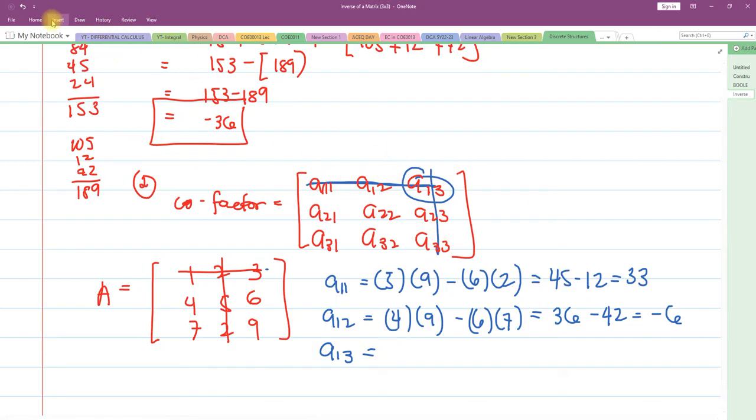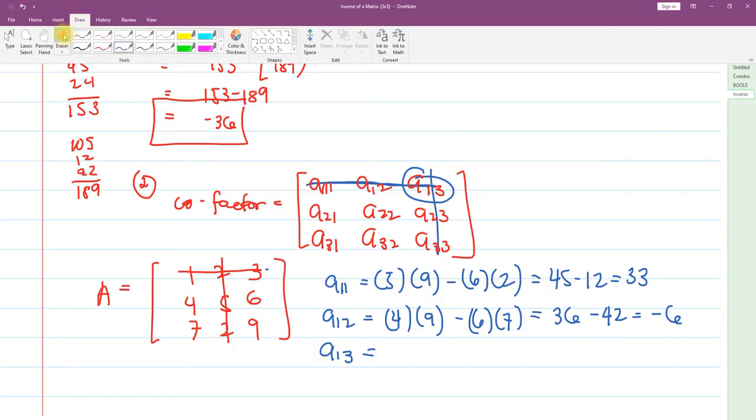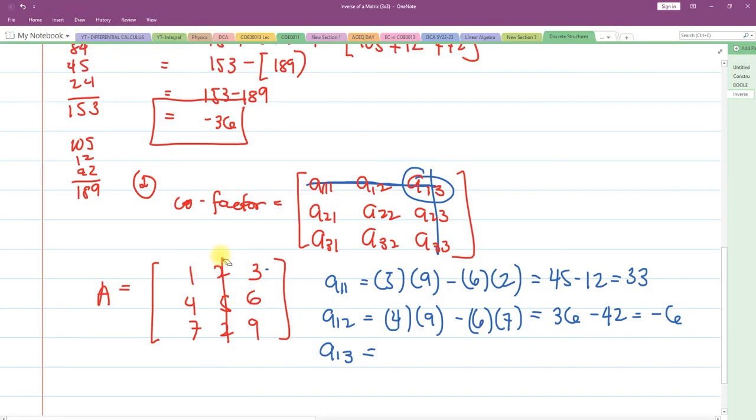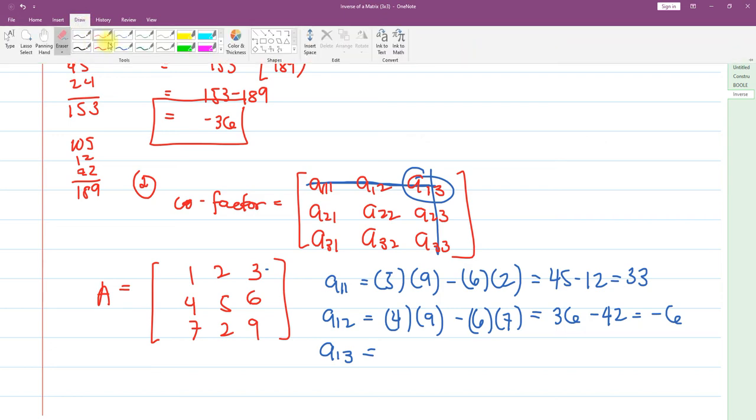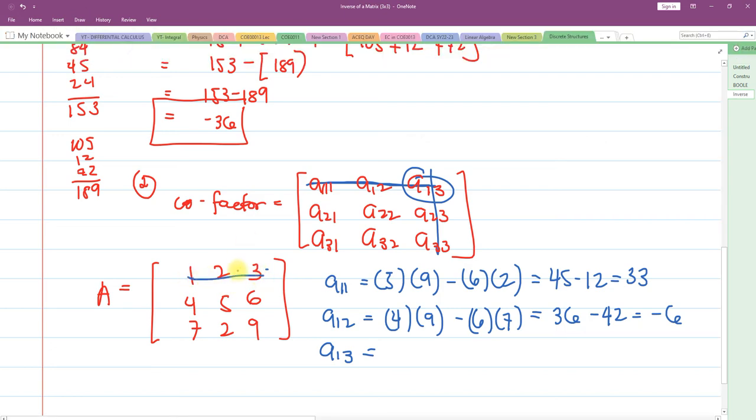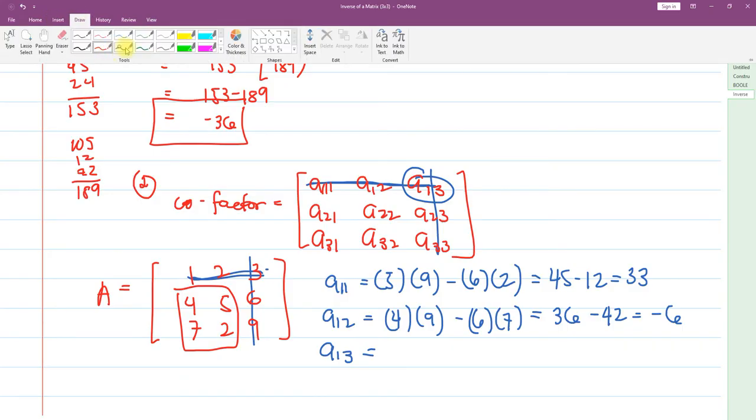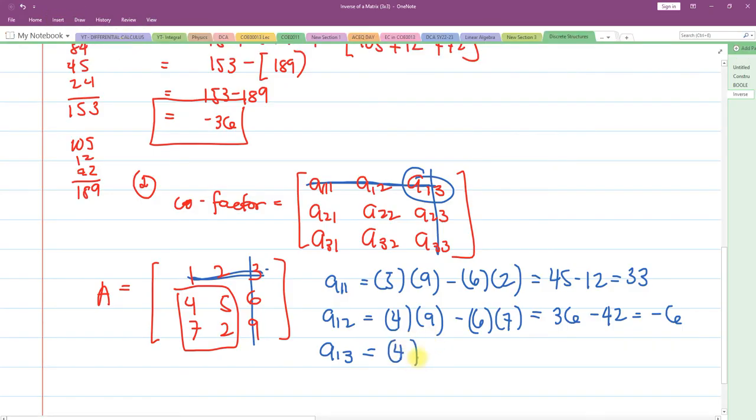So you have now the values here. I'm just going to cross out row 1 and then column 3. So you have 4, 5, 7, 2. So I have 4 times 2 minus 5 times 7.